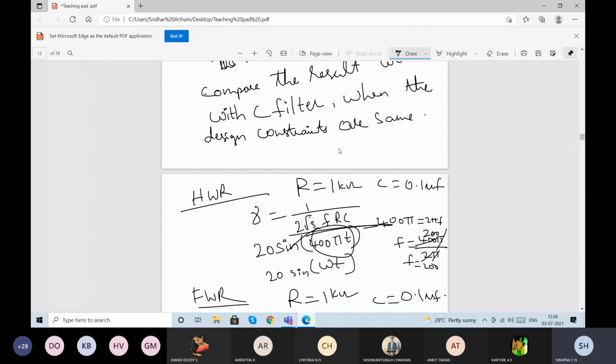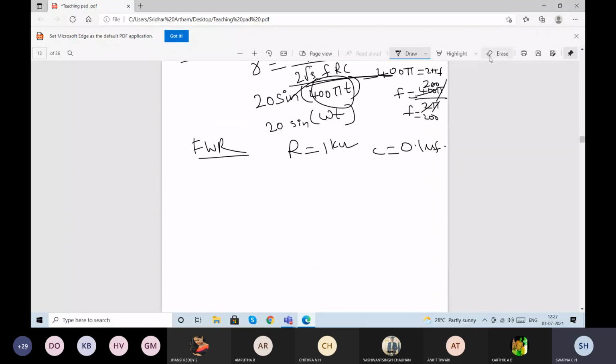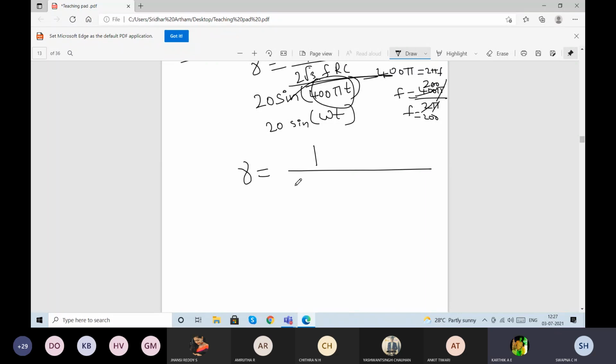See, whatever R and C I have taken, I have just taken randomly, because I don't have any question right now, and even in the question papers I could not find such a problem, but I want you people to solve one such question. So I have randomly given the values of R and C. 5.77, is that correct? I don't know. I have given you a random value, so you people should tell me.